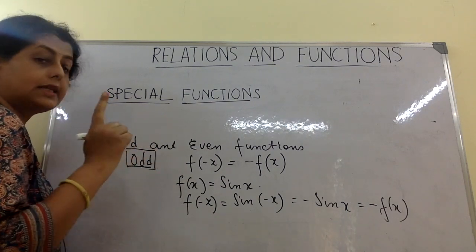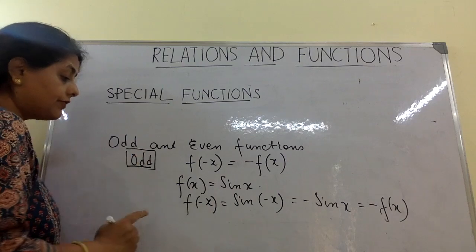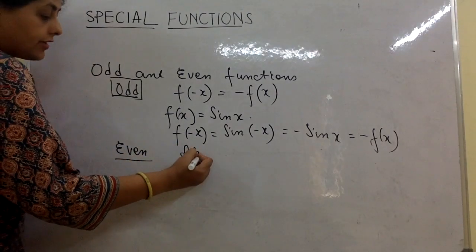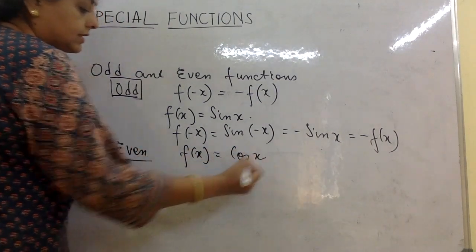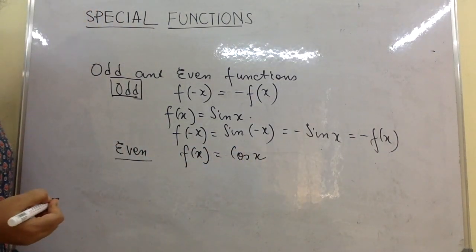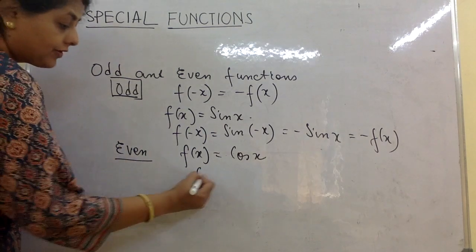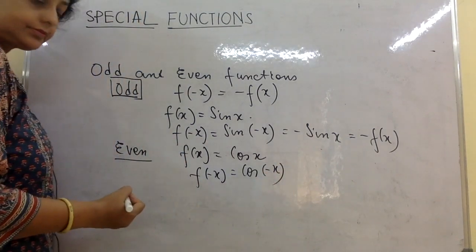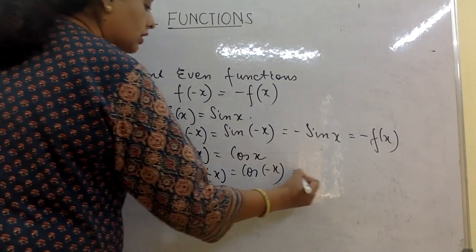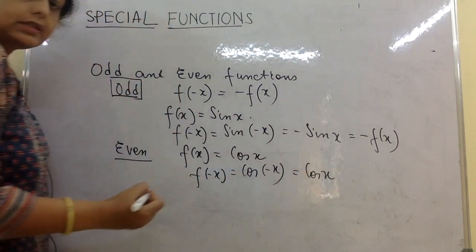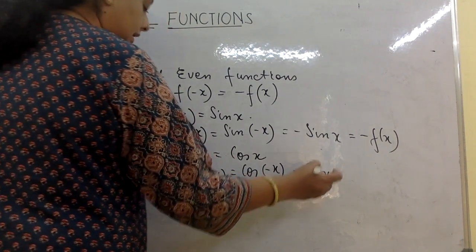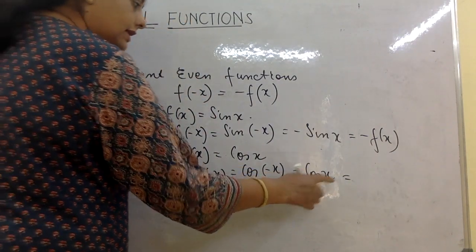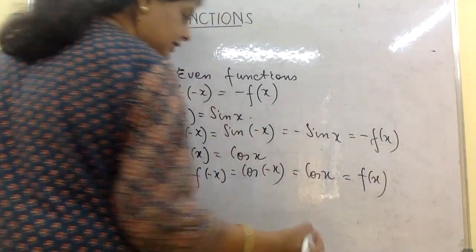Let me talk about even functions now. For even functions, if we have f(x) is equal to cos x, f(-x) is cos(-x), and that is equal to cos x, and that is equal to f(x), isn't it?